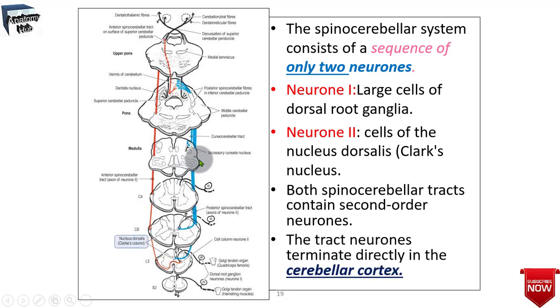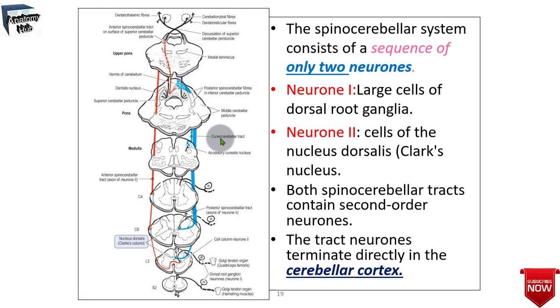The tract neurons terminate directly in the cerebellar cortex. On reaching the medulla, it is incorporated in the inferior cerebellar peduncle and enters the cerebellum, and it terminates in the dorsal and caudal part of the vermis.